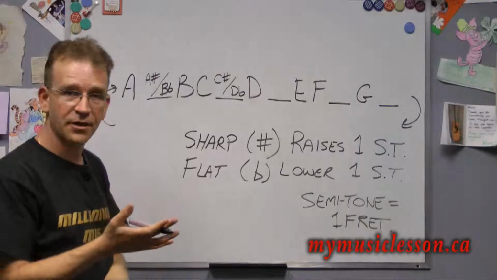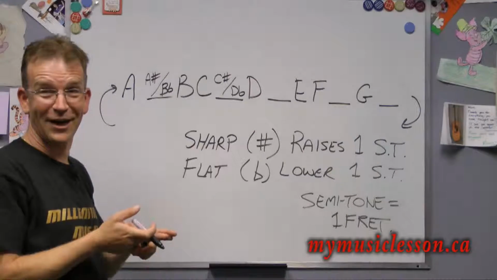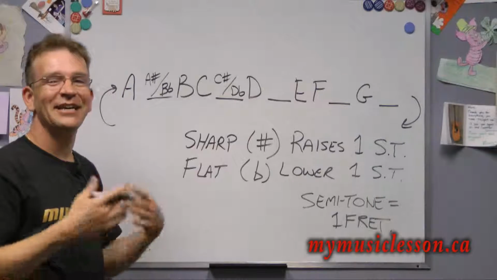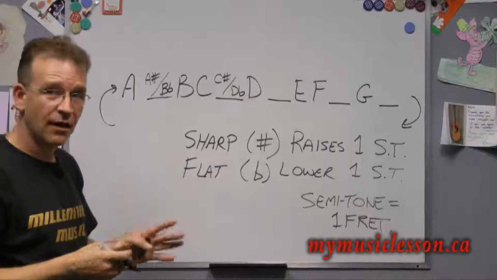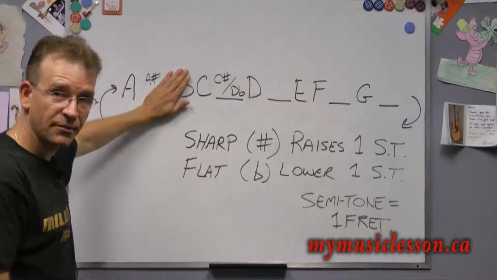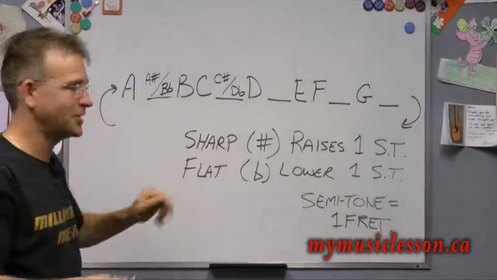Same thing over here. Same note, same place. The guitar doesn't care what you call it. Your ear doesn't care what you call it. Your fingers don't particularly care what you call it. But in music and in theory, and in reading and understanding how the whole thing fits together, there are times we will refer to it as a sharp, and there are times we will refer to it as a flat. That we'll save for later.